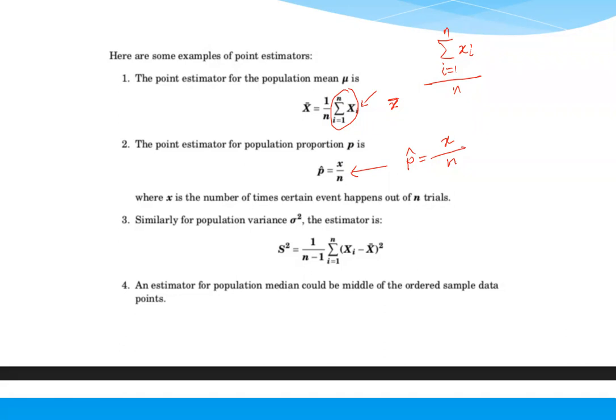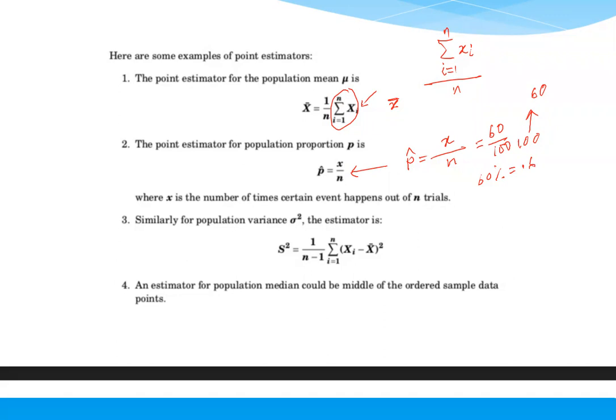Let's say you asked 100 people, and out of 100 people, let's say 60 of them said they support abortion. Okay, so your p hat is going to be 60 out of 100, or 60%, right? Or 0.6. All right, so that's the formula for the point estimator.